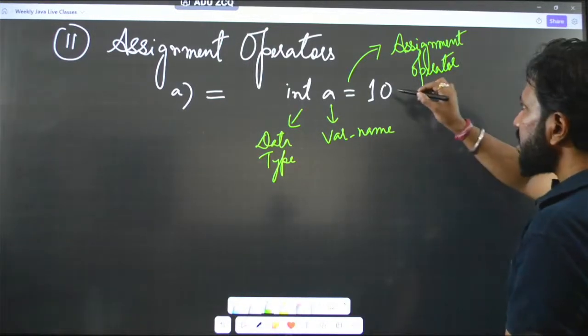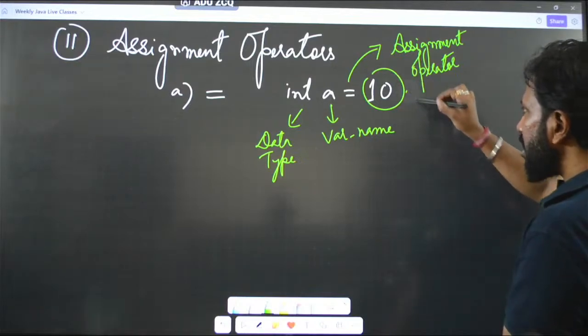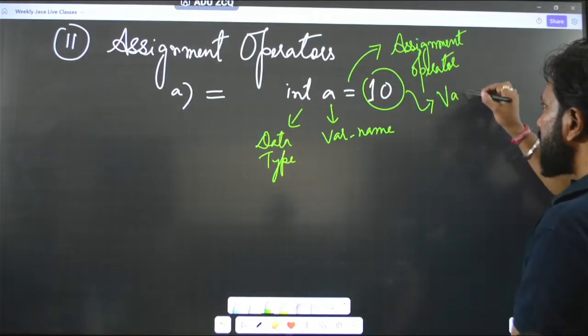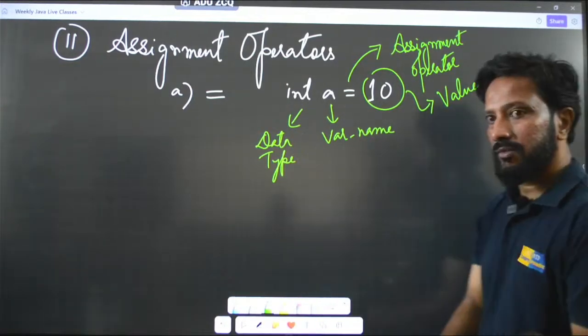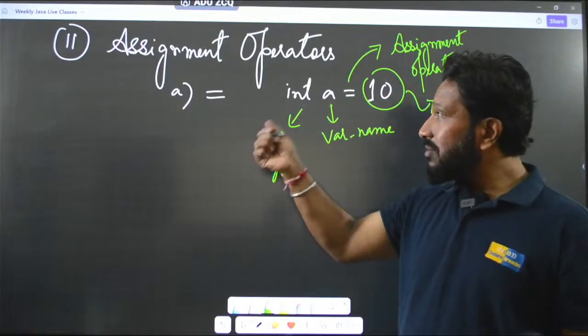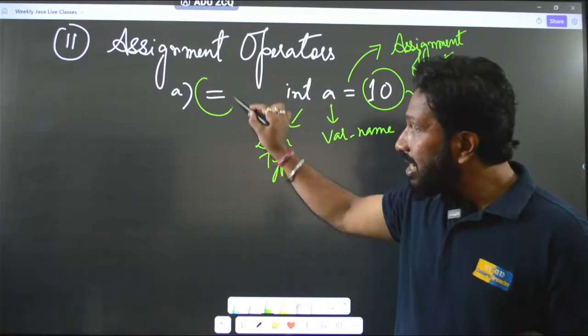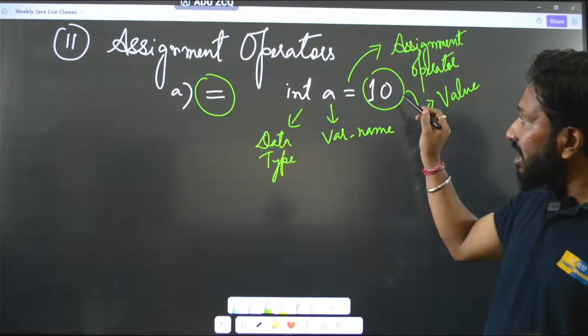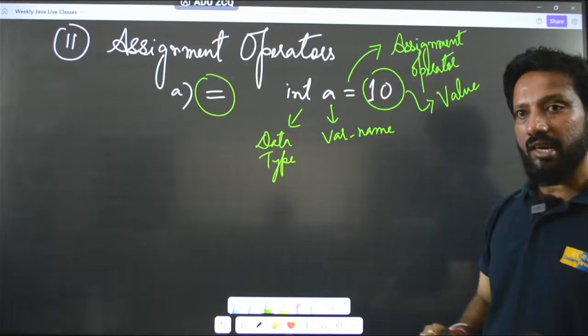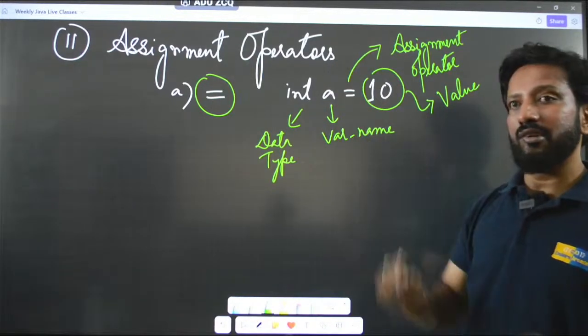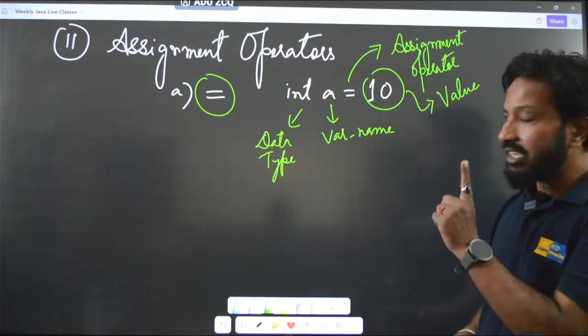Okay, and this number that you see, I have already told you, this is the value. Okay, so what does it actually mean? The equal sign is used to assign some value to a variable. Okay, that's why it is called the assignment operator. So this is the first assignment operator.